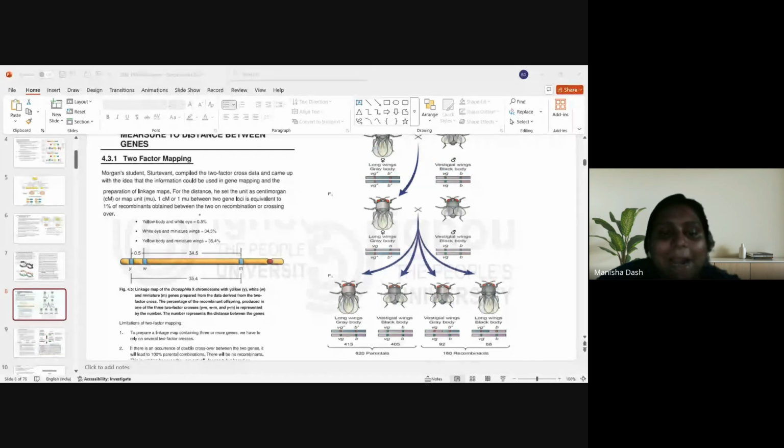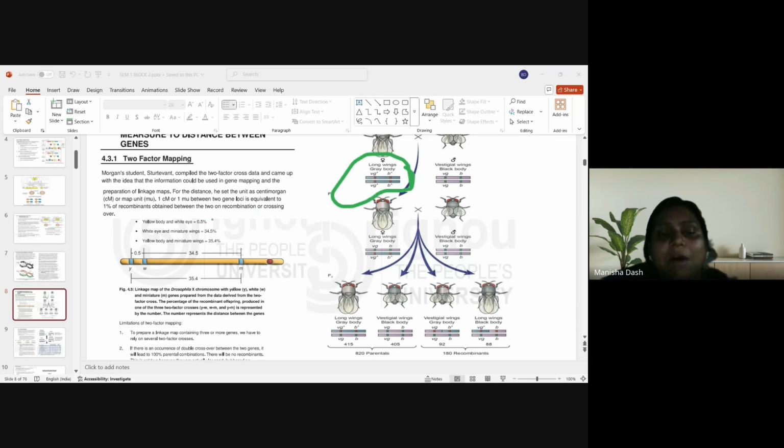The wild type genes are always represented by VG plus, where VG stands for vestigial wing, so this is the wild type form, and B stands for the black body. Since the gray body is dominant over the black one, it is called B plus. Since this is a diploid organism with a wild type phenotype, it will have the genotype VG plus, VG plus, B plus, B plus, and it is crossed against a mutant. The mutant has both recessive characters, vestigial wing and black body.